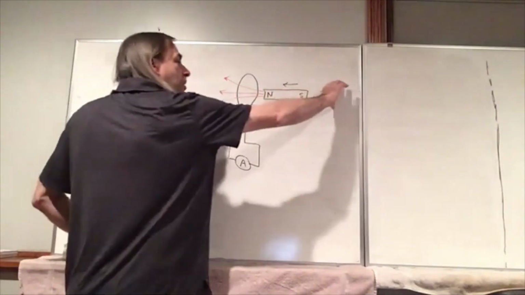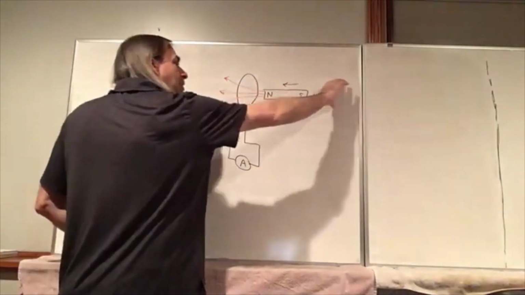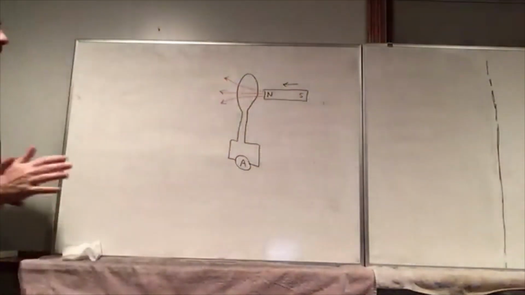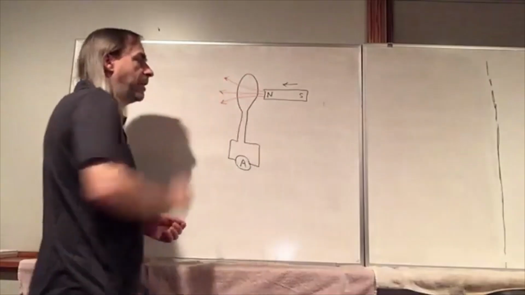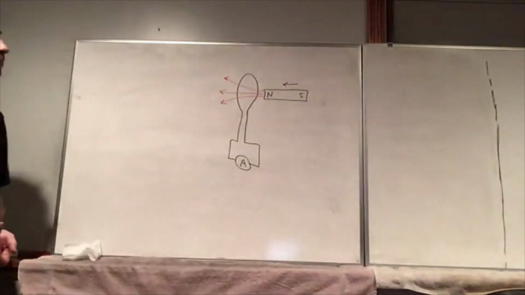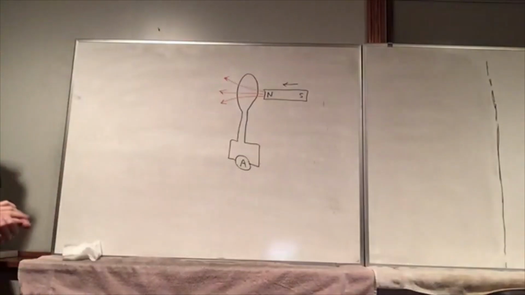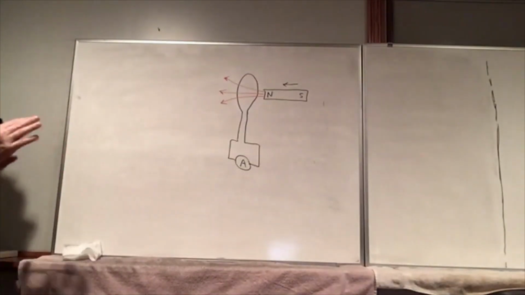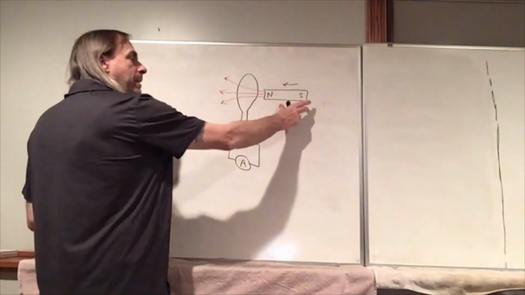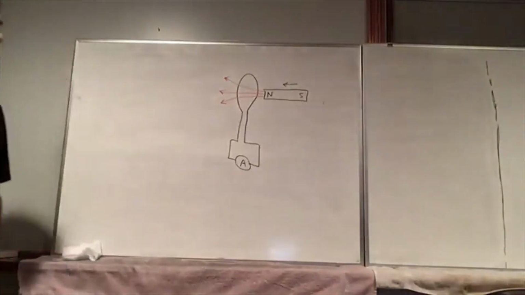If you want to push this magnet at a constant speed, you're going to have to do work to overcome the interaction of the magnetic fields between the magnet and the coil. But it's interesting that this only happens when the magnet is moving.